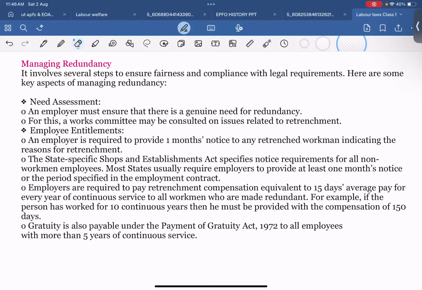So four guards were taken out from that company and one new person has been appointed. Those four persons who lose their jobs due to technology come under redundancy.